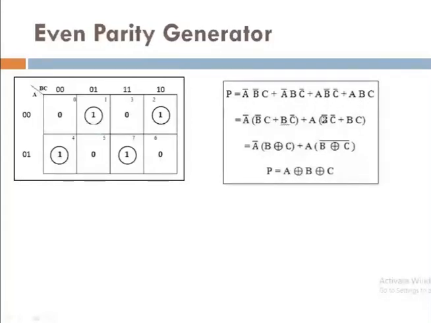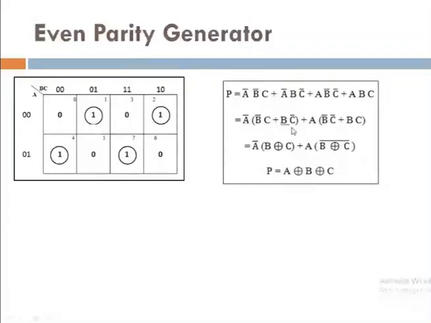So consider A bar, the remaining variables are B bar into C in this bracket plus B into C bar. If you consider A common from the other two, A in bracket B bar into C bar plus B into C.